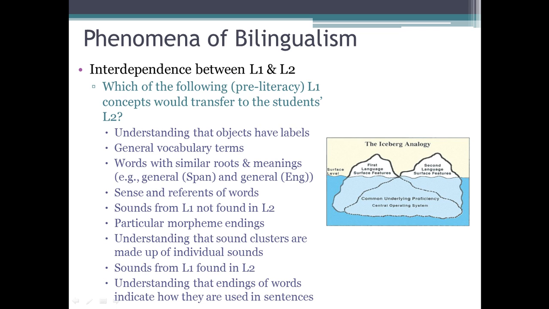And remember that we've gone over this diagram before. This is Cummins' underlying proficiency. With the iceberg, remember that anything below the line, the water, means that that's the central processing system, right? All the languages are joined there. They're not separate in the mind. In the mind, they exist in one information processing system.